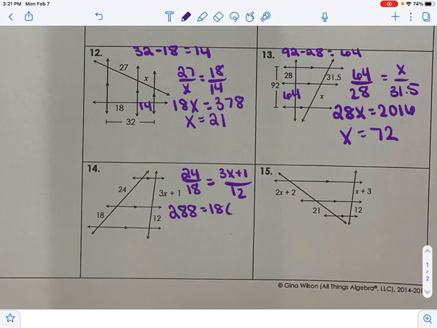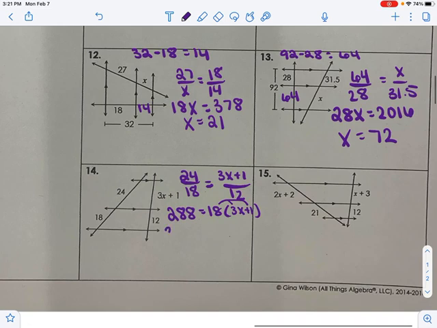And this one I want to write out so you can see what I'm talking about, because you have distributive property. So 288 is equal to 54x plus 18. Subtract 18 from both sides, you should get 270 equals 54x. And when you divide, x equals 5.